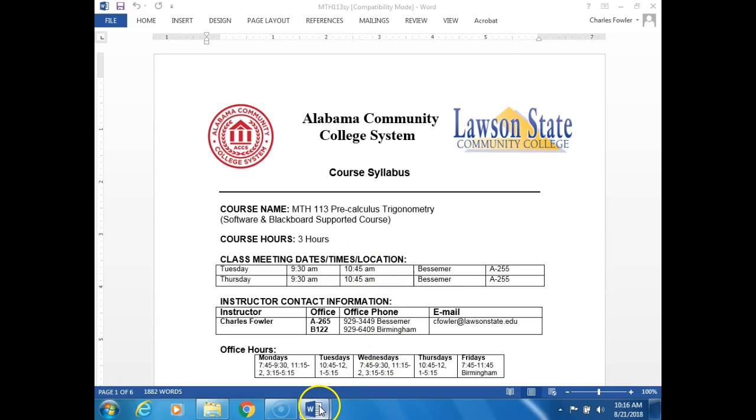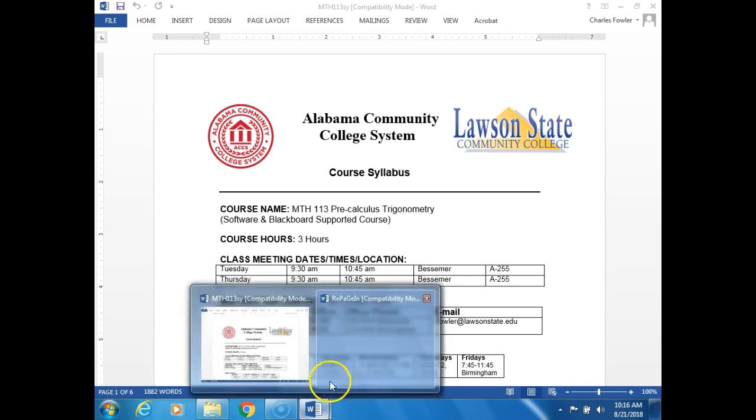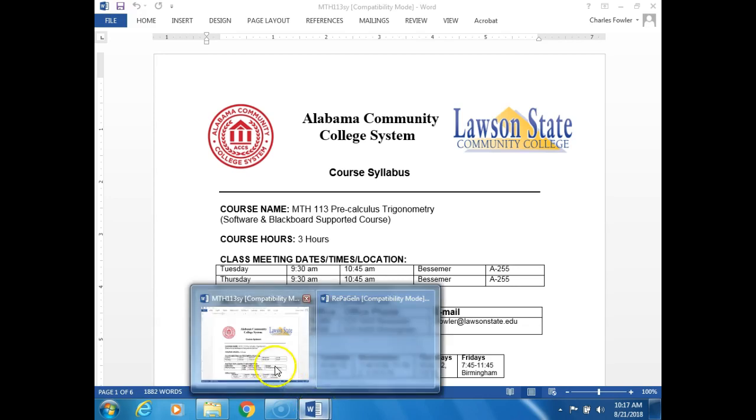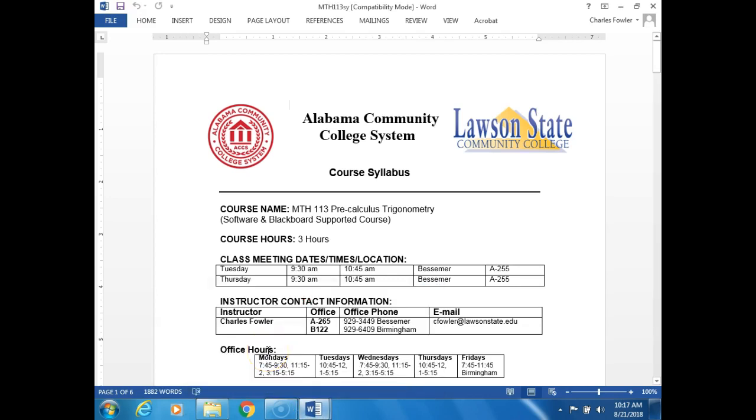Well, I guess it did open. No, it hasn't opened yet. Well, if we have trouble opening that, I'll come back and open it later. All right, here's the syllabus. Not quite up to date. I don't know why it's not advancing. Here we go. Well, the other file is not opening. That's probably why this one's not doing well. Here we go.